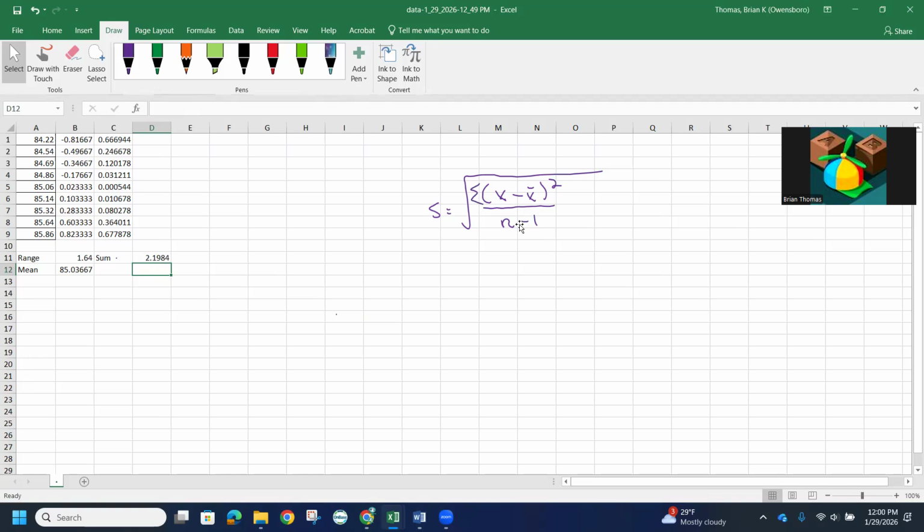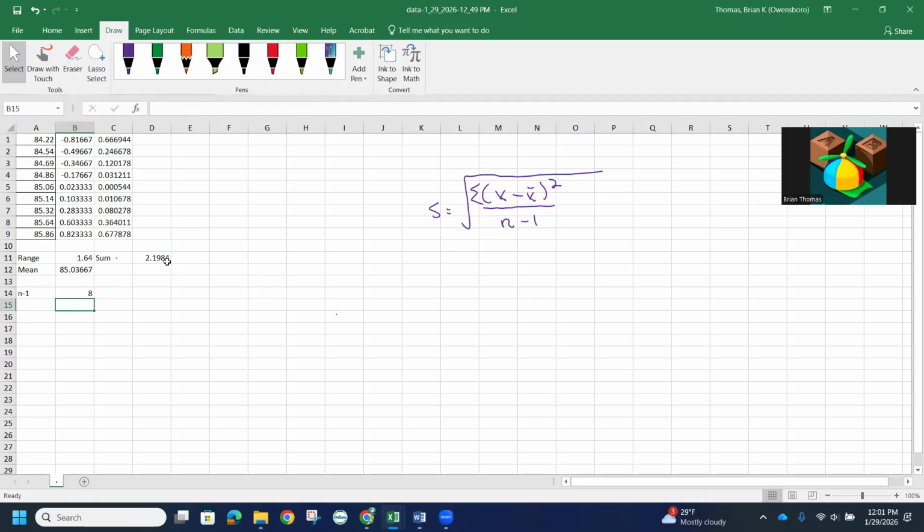And also I have to go n minus 1. So n minus 1, well, notice how there was 9 pieces of data. So that's going to be 9 minus 1. So if I hit equals 9 minus 1, it should give me the 8.